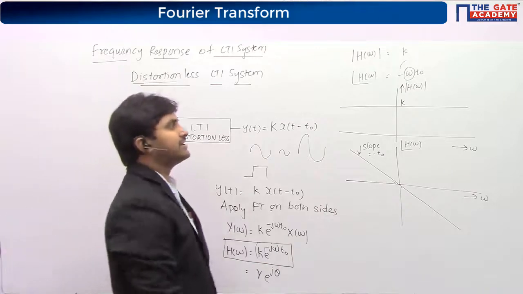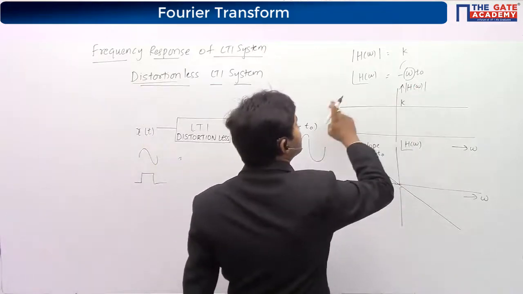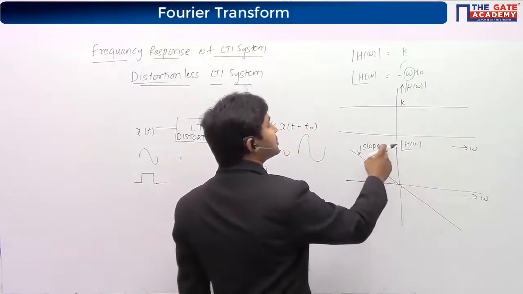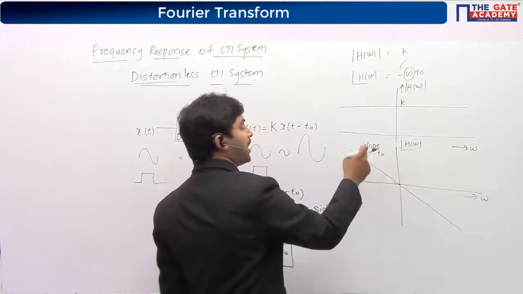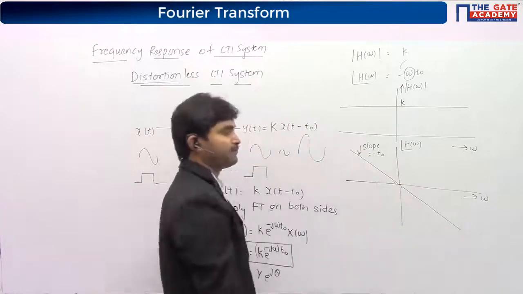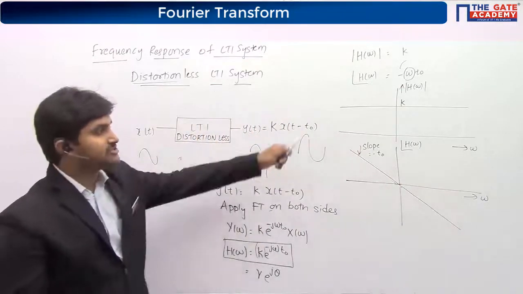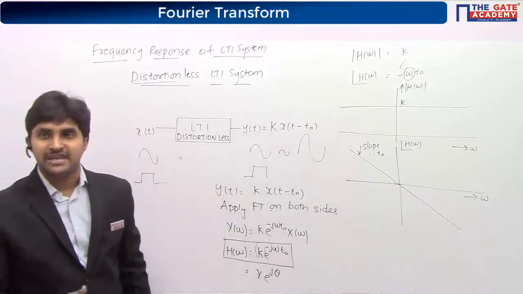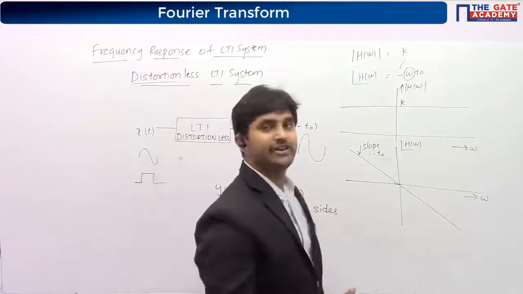So if you see the magnitude response is constant, and the phase response is equal to minus t naught omega, having a slope of minus t naught. Can I say the magnitude response is constant and the phase response is linear?